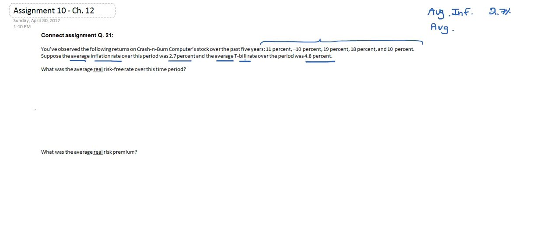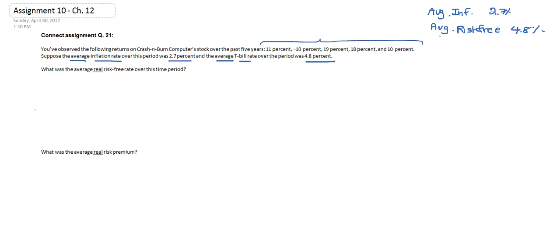The second part that makes the T-bill risk-free is that the maturity is so short. With these two factors, we normally use the T-bill rate as a risk-free rate. So we have here the average risk-free rate equal to 4.8%. The first question asks you to find the average real risk-free rate.